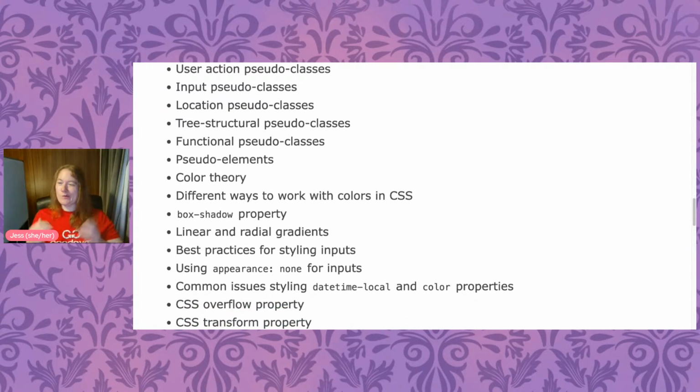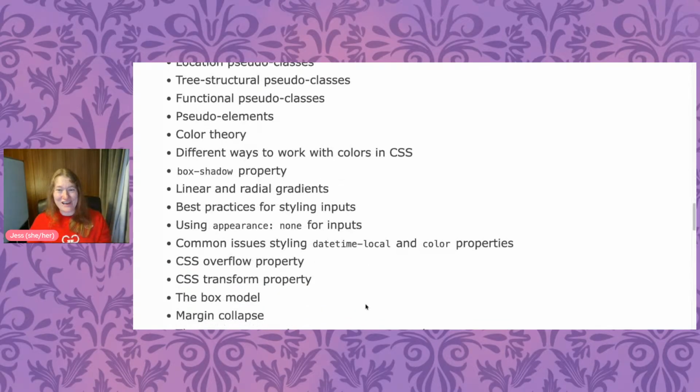So hopefully a lot of what we looked at in CSS felt like building on top of the things we learned in HTML. We did a bunch of stuff with forms. We learned about the best practices for styling inputs. We learned about using appearance: none as a way to override defaults on inputs.